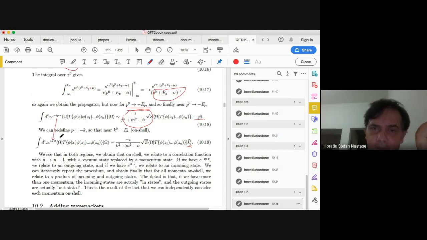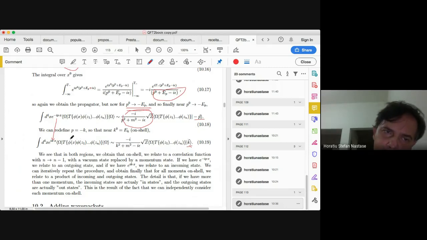So then we can iterate this procedure. So we've shown that this is an n+1 dimensional correlation function with one Fourier transform, in the case of region 3 with the plus ikx becomes an incoming state.